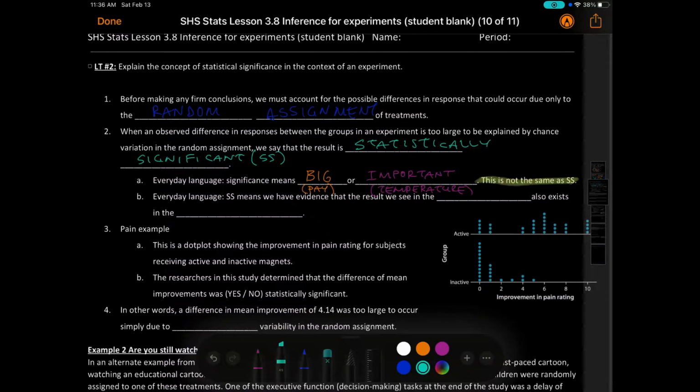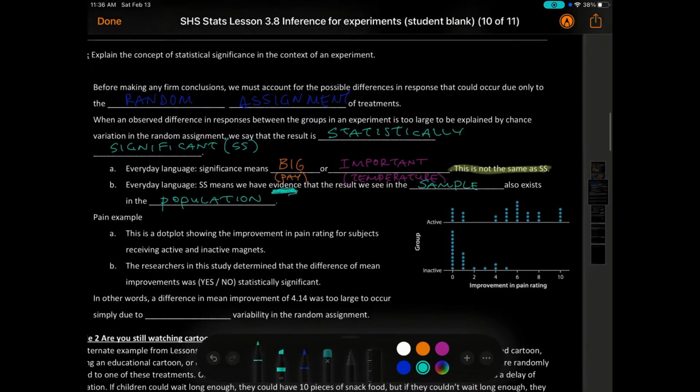Statistically significant means we have evidence that the result we see in the sample also exists in the population. This is a big idea of statistics where we can't get everybody in the population, so we take samples. But if we see a difference in the evidence in our sample, then we can say that is called statistically significant. Okay?